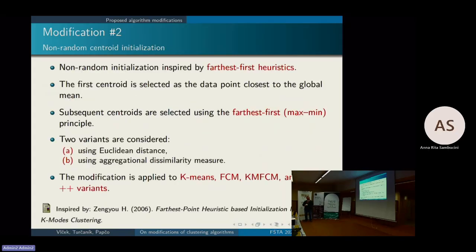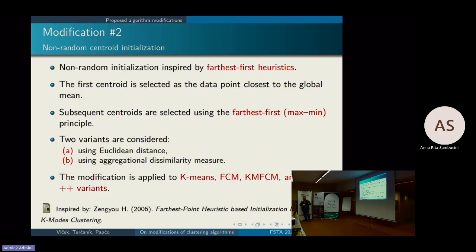Modification 2 is in the step of initialization of centroids, while in classical it's random. We try to use non-random initialization, inspired by the farthest first principle.